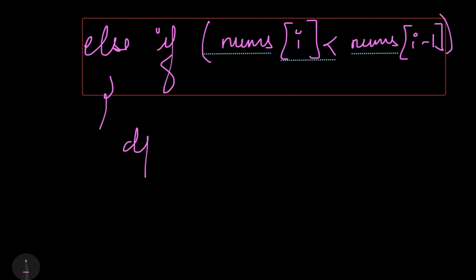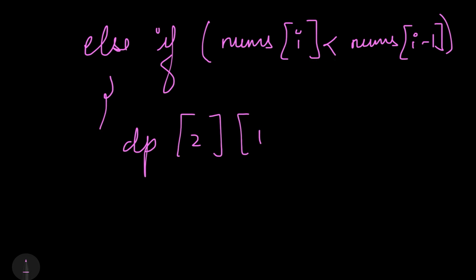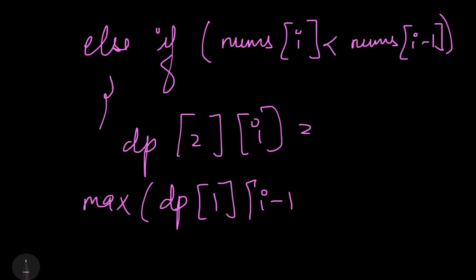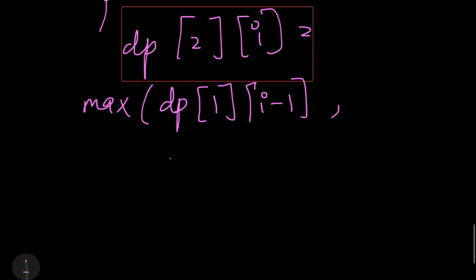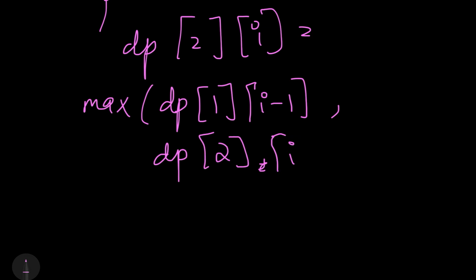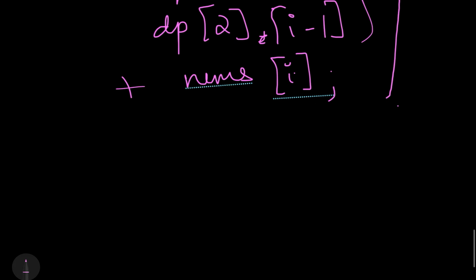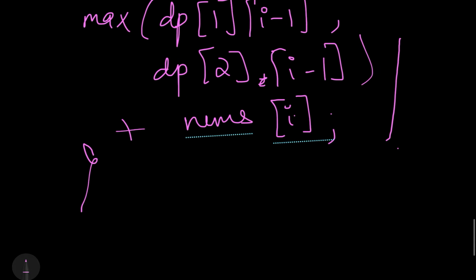Then we'll extend our decreasing phase, which is dp of 2, I, which is equal to the max of dp of 1, I minus 1 and dp of 2, I minus 1, plus nums of I. So this would be our decreasing phase.